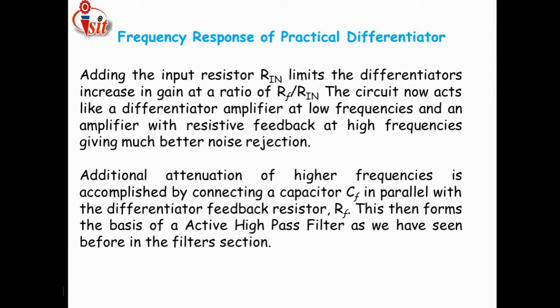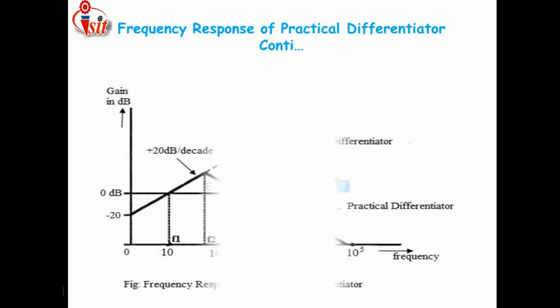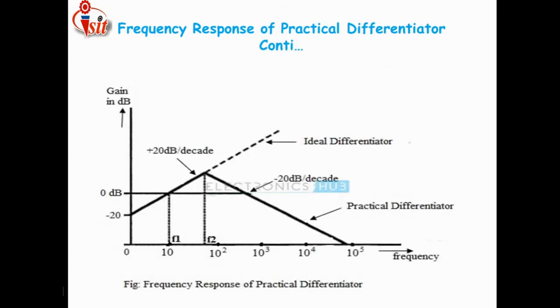This then forms the basis of an active high pass filter as we have seen before in the filter section. Along with that, just see here the frequency response of a practical differentiator. For that practical differentiator, you start from minus 20 dB per decade and stop at the point where we reach plus 20 dB per decade. And what output waveforms are introduced? Just see here. The first one is the ideal differentiator, the second one is minus 20 dB per decade, and the third one is the practical differentiator.